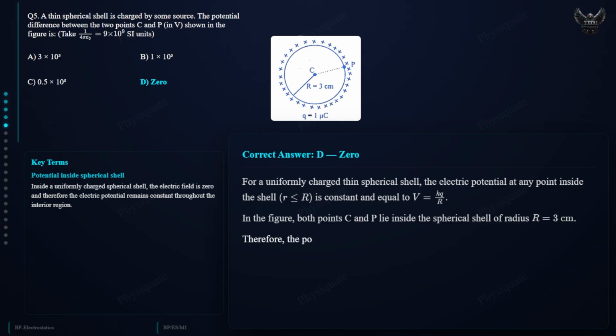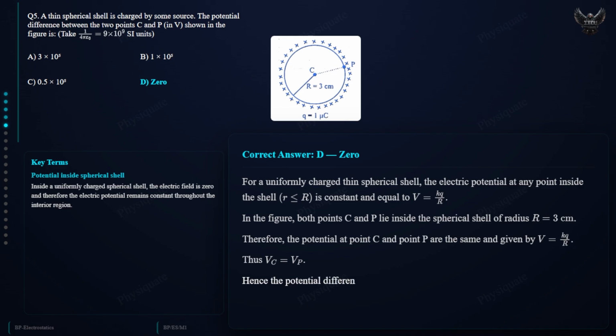Therefore, the potential at point C and point P are the same and given by V equals kq divided by r. Thus Vc equals Vp. Hence the potential difference Vc minus Vp equals 0. Therefore, the potential difference between points C and P is 0.